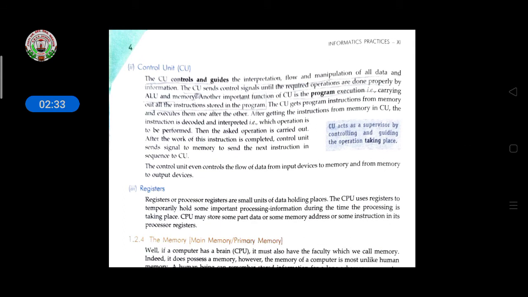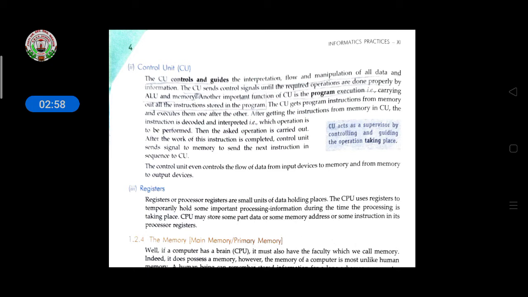Then the control unit, the CU, controls and guides the interpretation, flow, and manipulation of all data and information. The CU sends control signals until the required operations are done properly by the ALU and memory. It means it works at the time of execution. Execution means after processing, it shows the result.